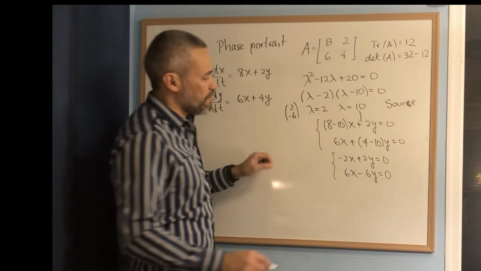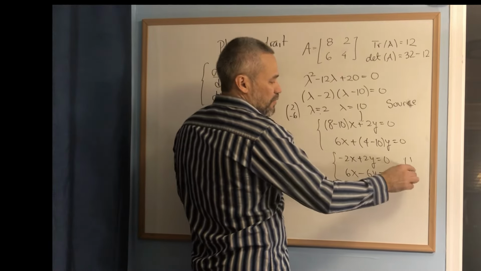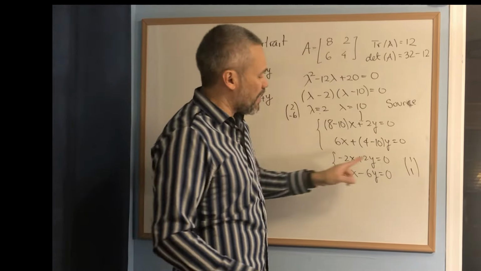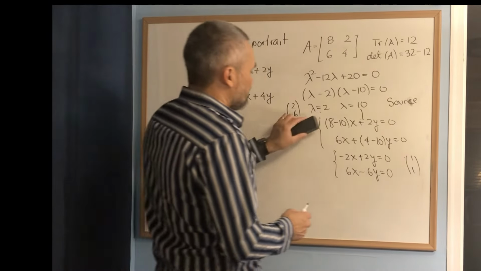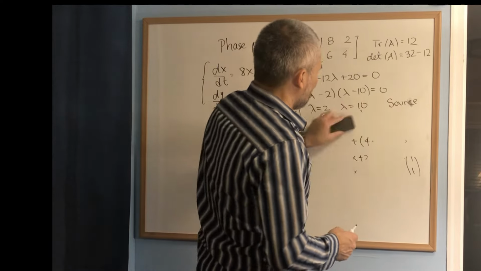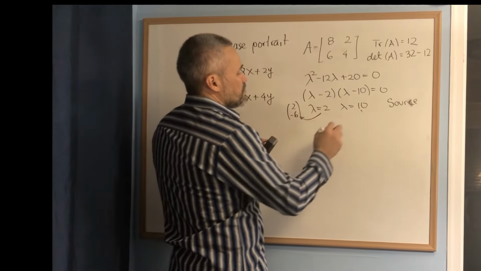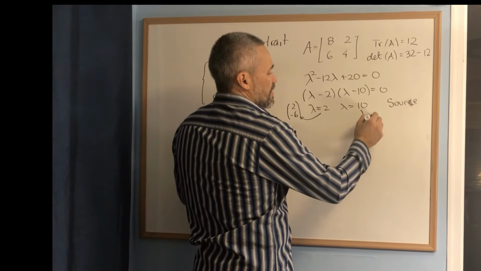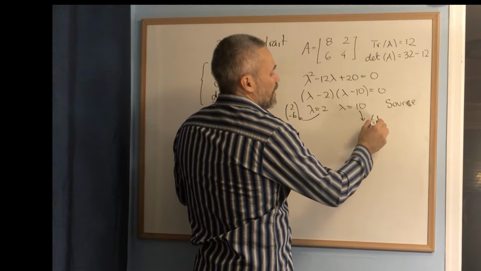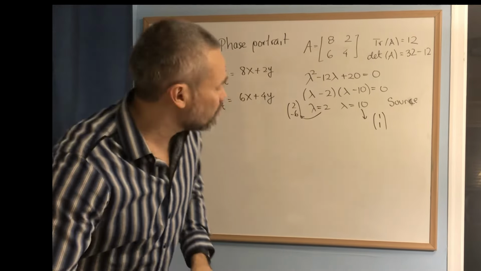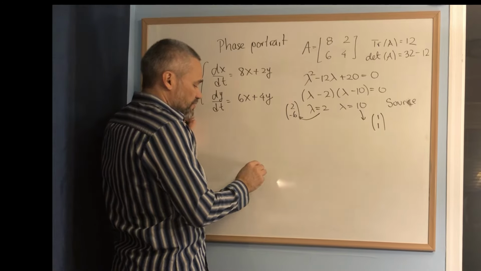And one solution for that, we can take x equal 1 and y equal 1. X equal 1 and y equal 1 satisfy both equations, and that means that we have our second eigenvector. Then for lambda equal 2, we have 2, negative 6, and for lambda equal 10, we have the vector 1, 1. Then to do the phase portrait, we first do the origin, 0, 0.